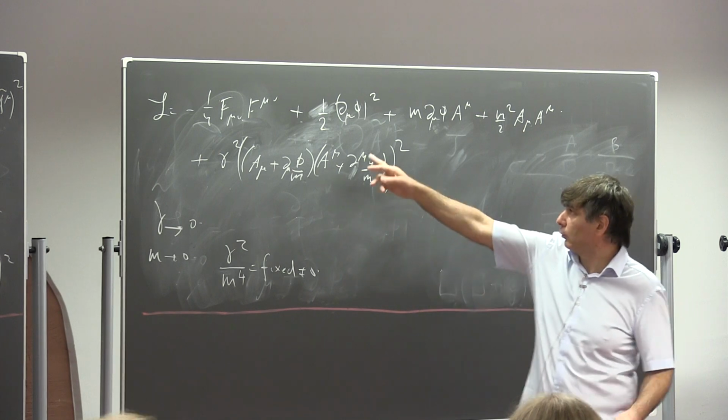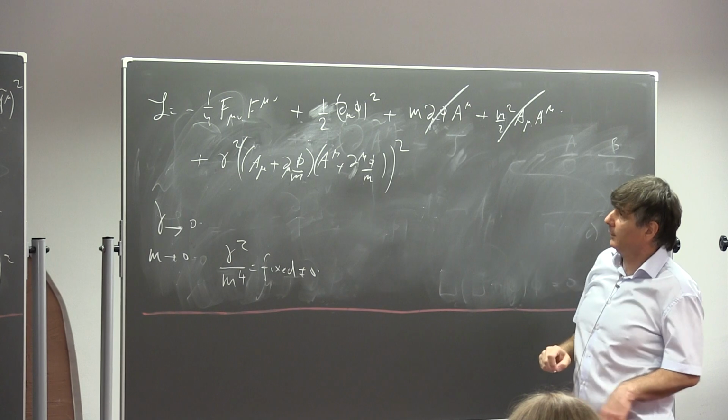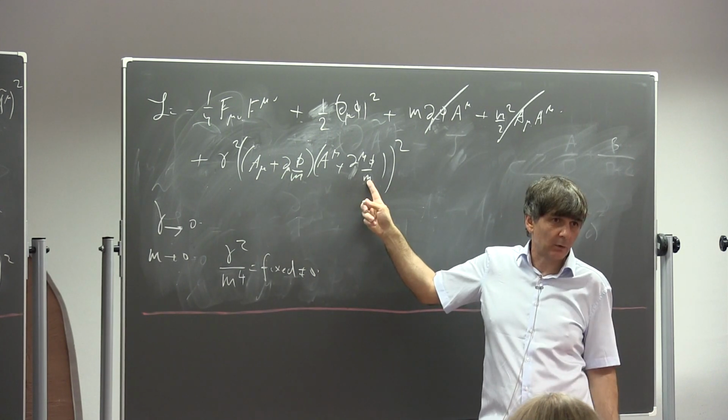Now we can count very easily that in this limit, of course, this disappears, this disappears. All the terms disappear except the highest term in 1 over m.